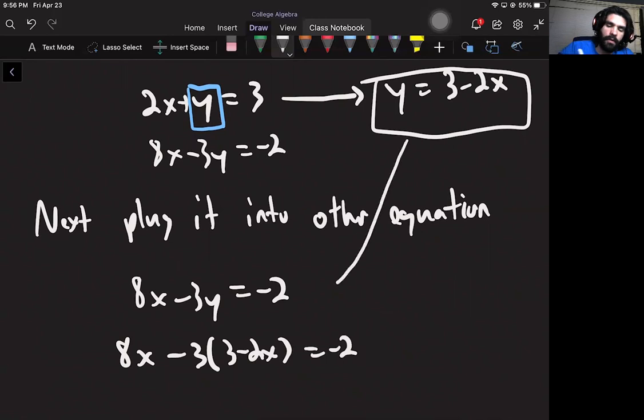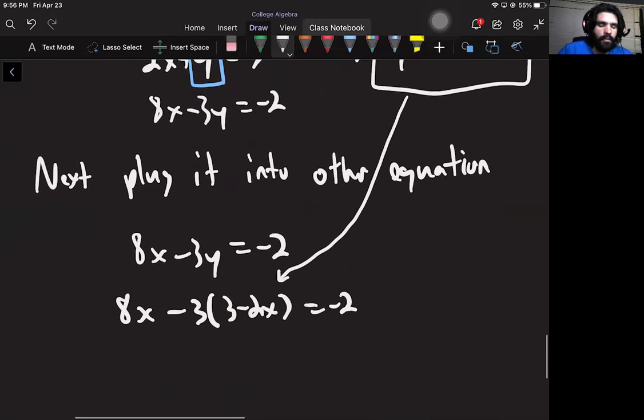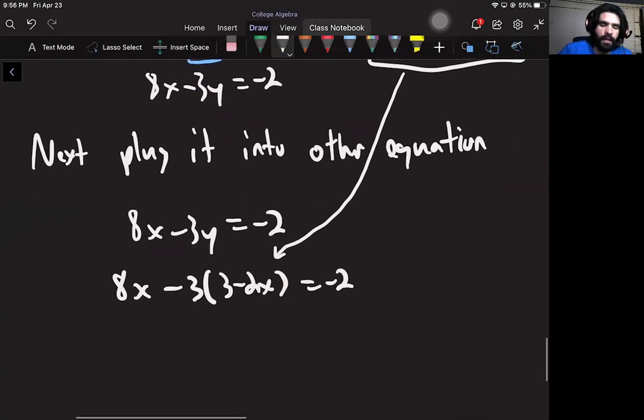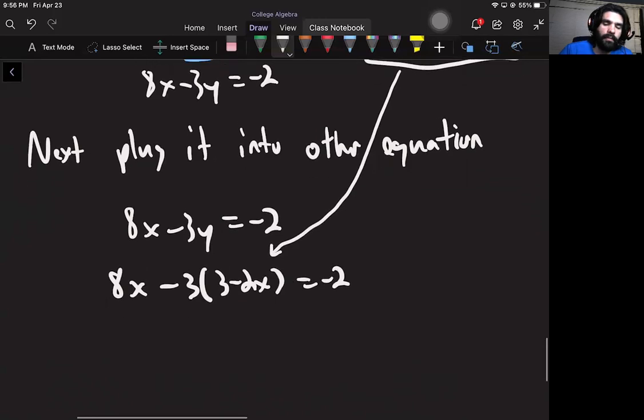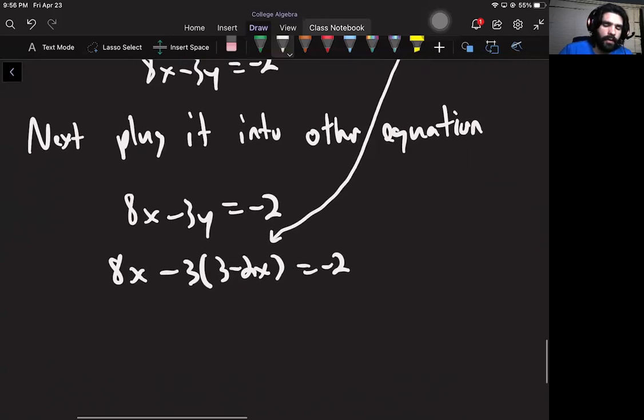That's all we're doing there: replacing y with what the other equation says y is. This way, now we have one equation which does both.